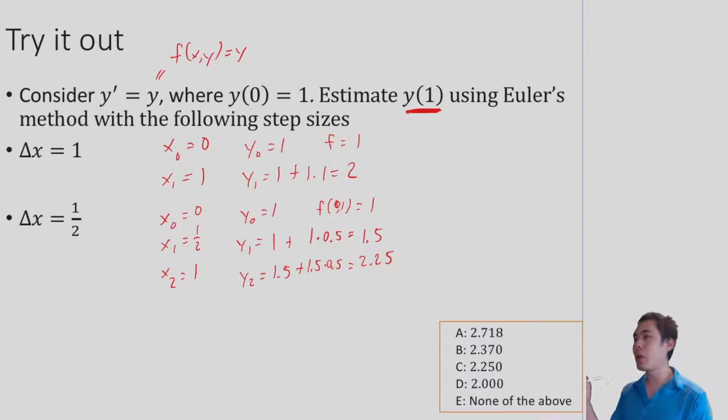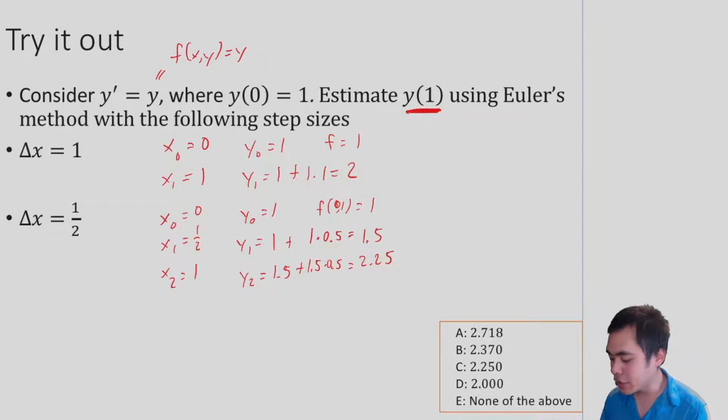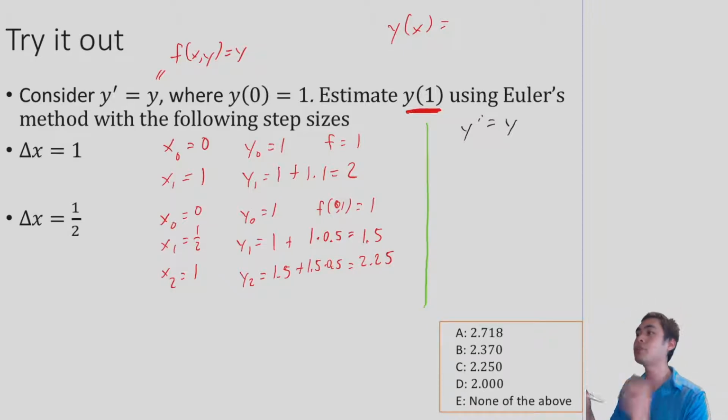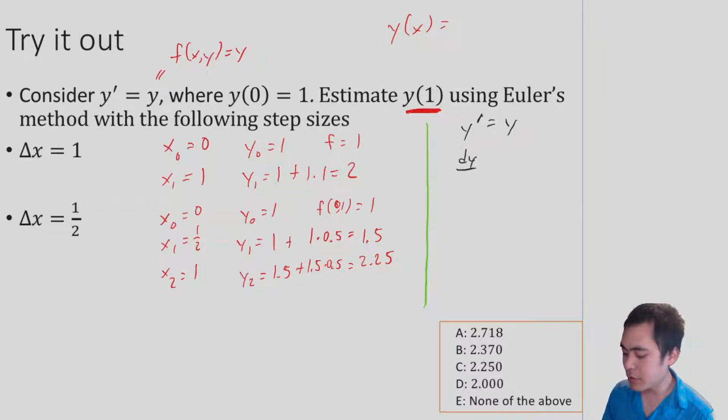This is actually quite confusing. You have some function, the solution is some function y of x. Let me actually solve this equation for you to make it a bit more obvious. So we have y prime is equal to y. That is our actual equation, right? y prime is equal to y, and so therefore dy/dx is equal to y. So use separation of variables. dy over y is equal to dx.